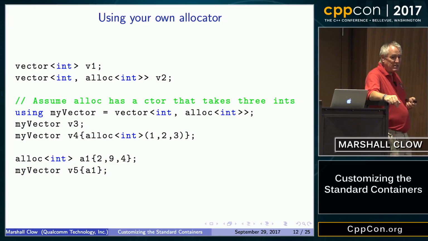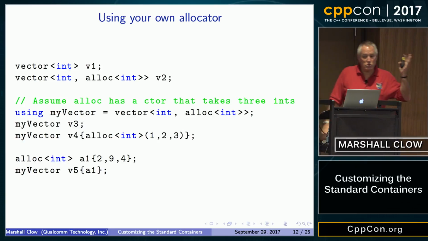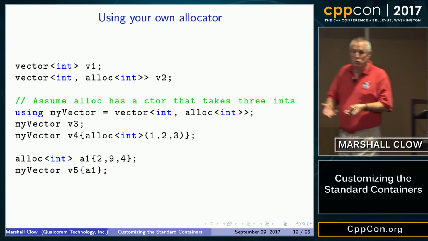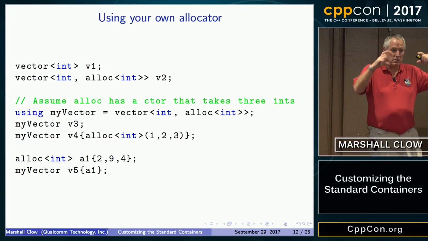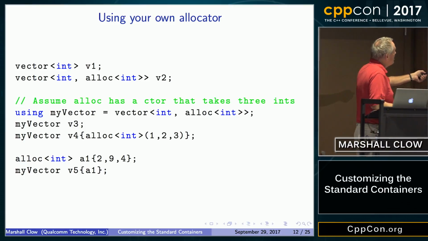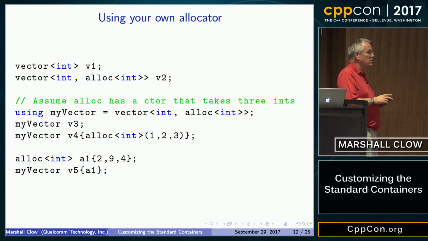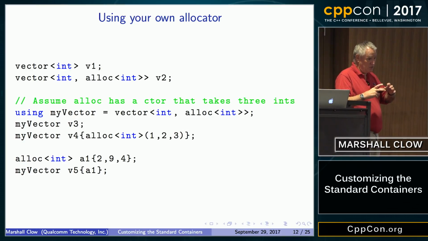This uses std allocator of int in particular. We have vector of int with alloc of int, v2. When v2's constructor gets run, it's going to default construct an object of type alloc int, just like the first line, when its constructor runs, it's going to default construct an object of type std allocator int.